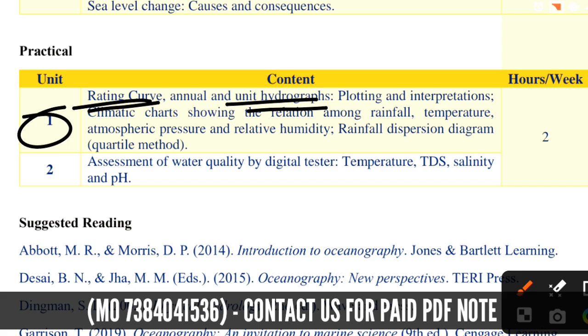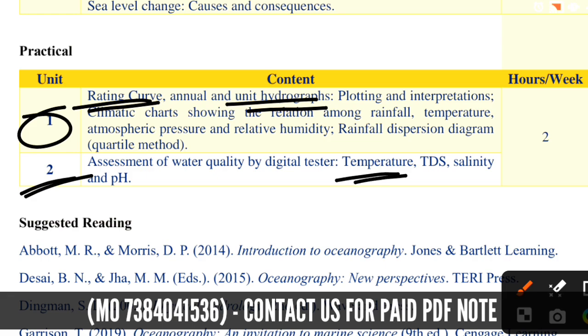Now let us come to practical unit 2. Practical unit 2 is based on assessment of water quality by using a digital tester. Here you have four main parameters. The first one is temperature.